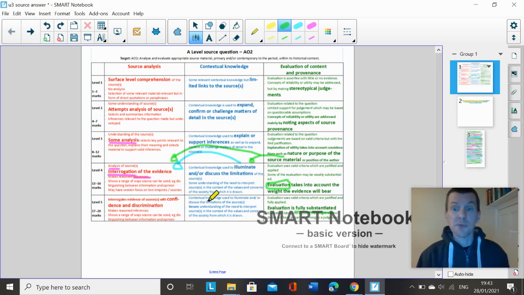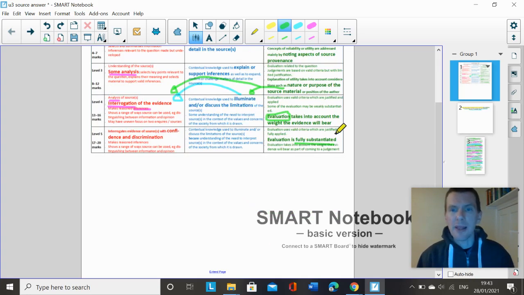And their knowledge was very good, and it was used always to explain the point that they pulled out really nicely, very well tied together. Have they evaluated? Yeah, again, really well. Each point had some evaluation. It was clear whether they thought each point was useful or not. And they didn't overuse the provenance, but they used the provenance to link in with that content and to be clear why it was useful for that particular thing.